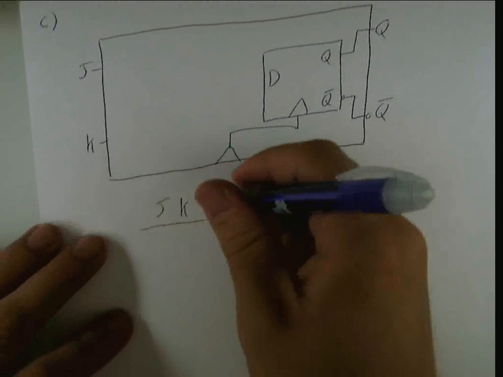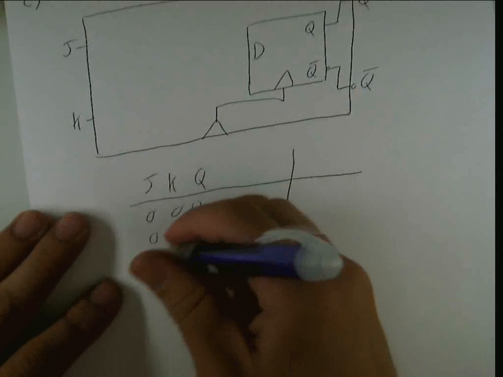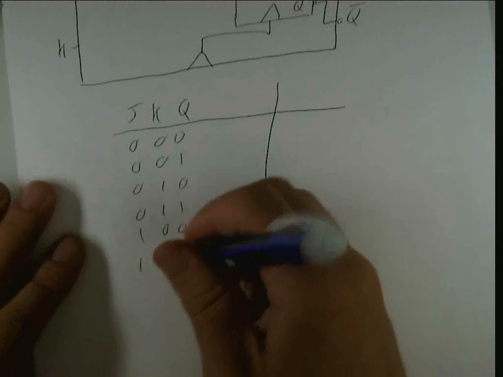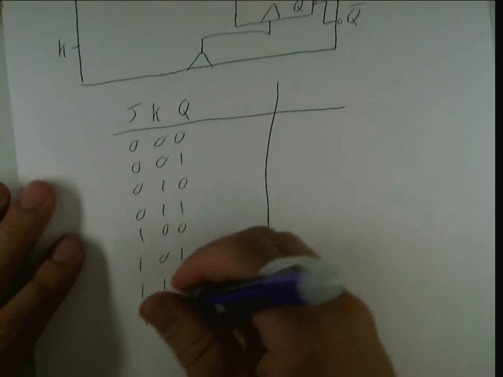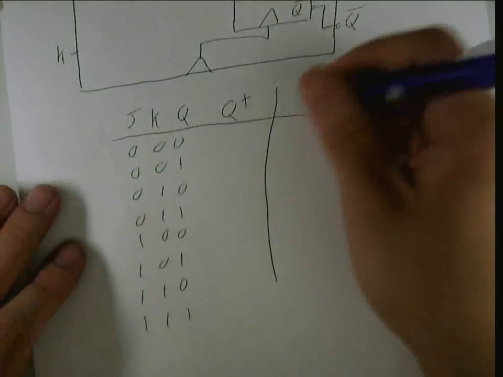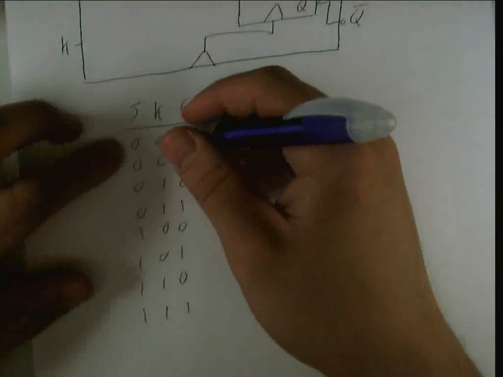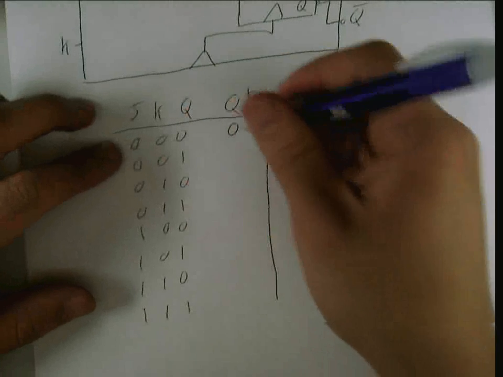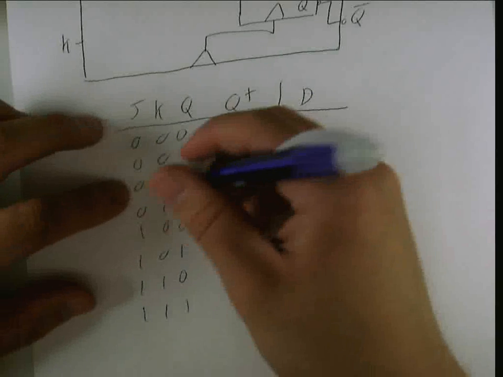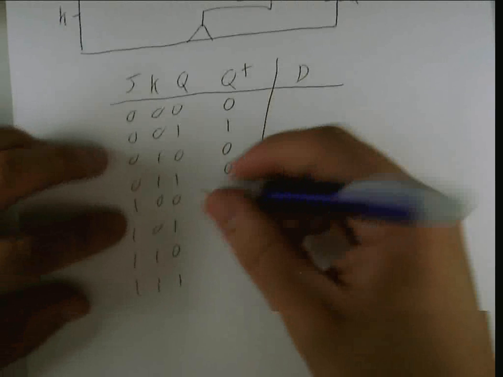So I'm going to have J, K, and Q as my inputs, so 0, 0, 0, 0, 0, 1, 0, 1, 0, 0, 1, 1, 1, 0, 0, 1, 0, 1, 1, 1, 0, and 1, 1, 1. And then I need to figure out my next state, and then I will use the excitation table to do this. So as JK is 0, that's a hold, so Q plus is going to equal Q. This is a hold again, so this will be 1. 0, 1 is a reset, so these two will be zeros.